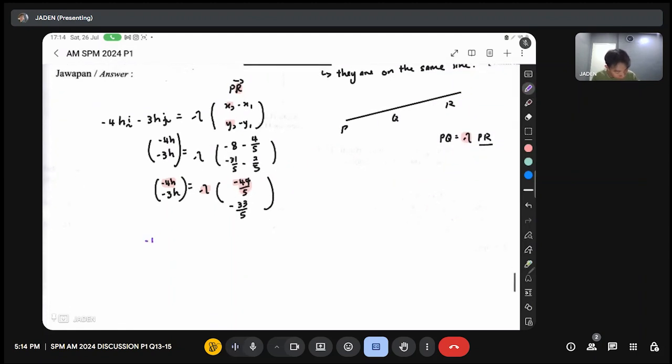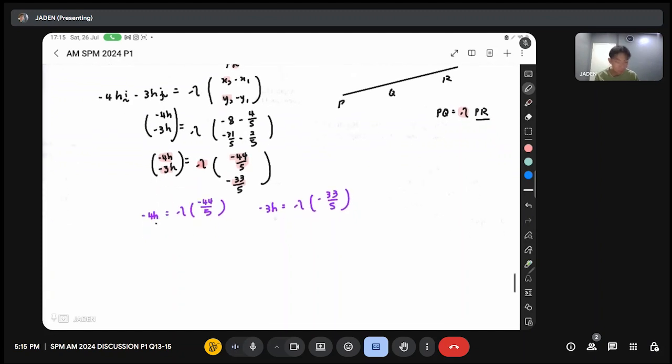So negative 4h equals lambda bracket negative 44 over 5. We have our first equation, and the second equation, by comparing, is negative 3h equals lambda bracket negative 33 over 5. So you want to make sure that you get your lambda here. And of course, the h value we already determined earlier on. We just put it back.